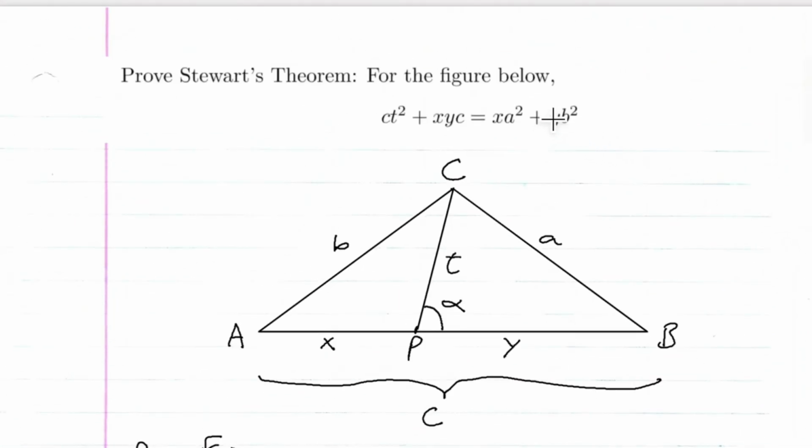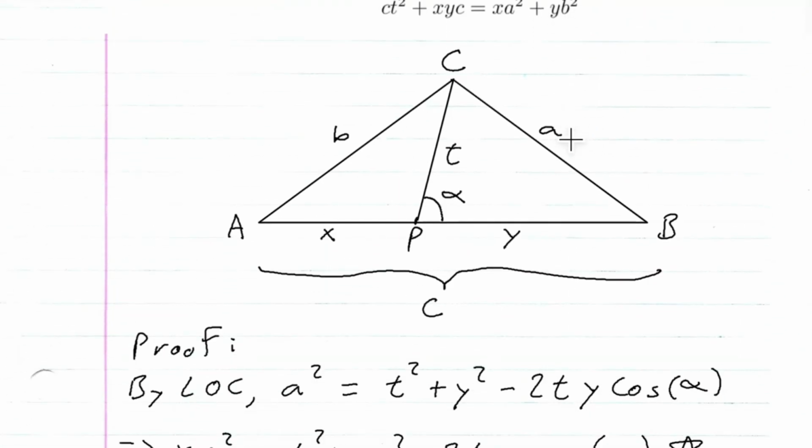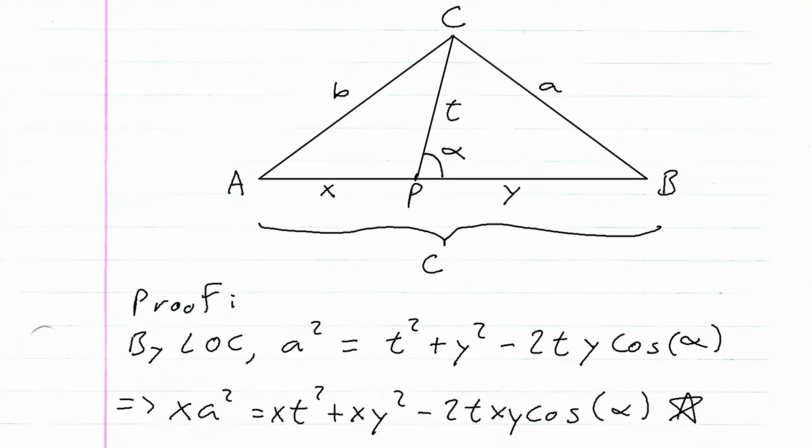Now I want yb squared. So to find b squared, I can use this triangle here.